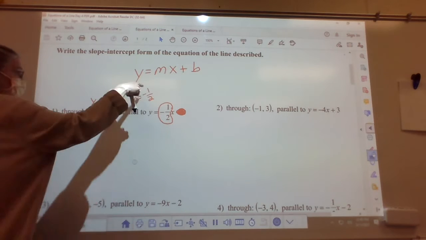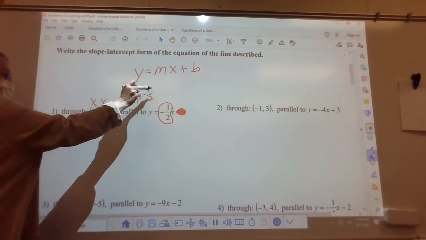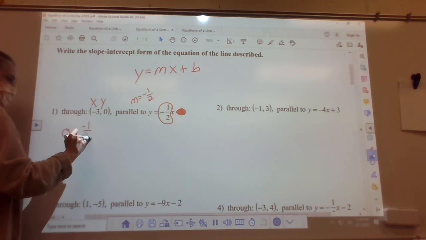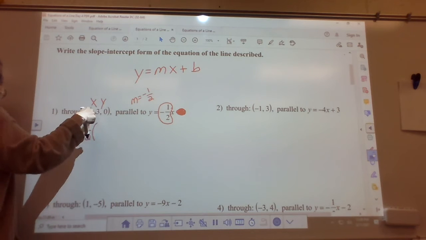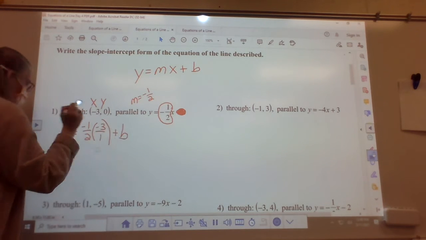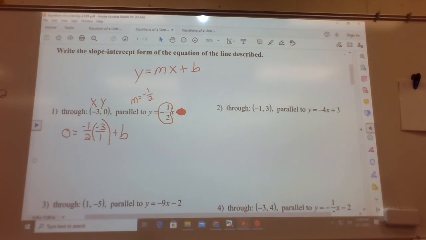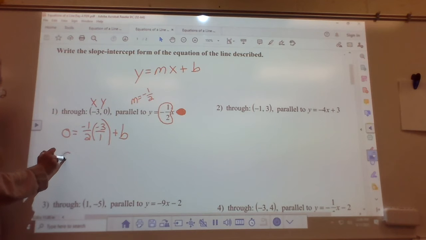Plug it into this. Y, which is 0, equals m, -1/2, times x, which is -3. I'm going to make it a fraction. I'm looking for b. Now this particular one doesn't come out as an integer. I get a fraction. I'm going to keep a fraction. There are a couple of these on this worksheet, but I will make sure there's none like this on the quiz, because they do get a little bit strange.